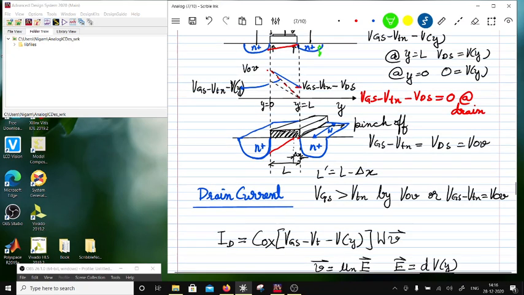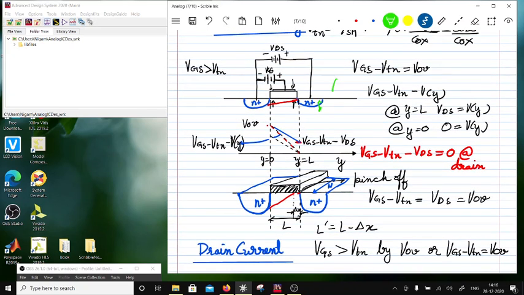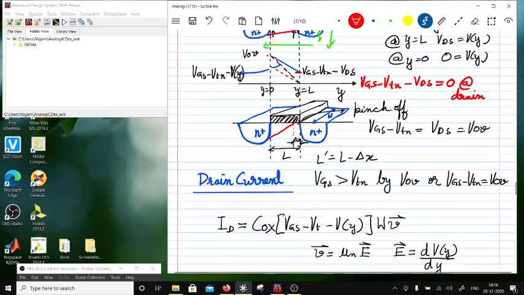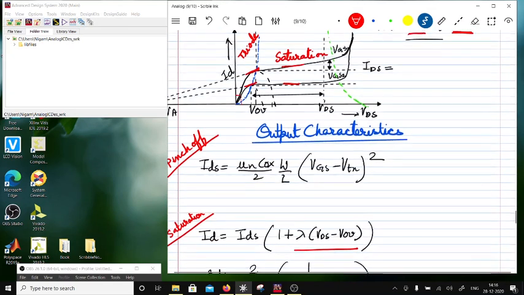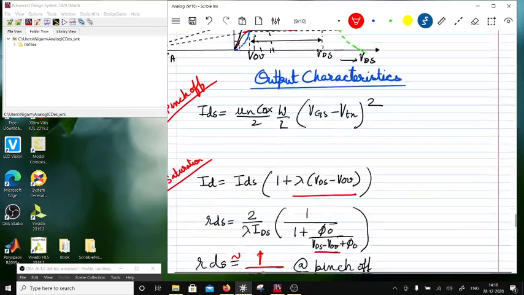When this breaks down, all the current basically leaks to the substrate rather than going this way. Okay, so this is the major cause of the breakdown. That's why you are going to have an LDMOS, right? LDMOS would reduce this leakage current. Okay, so this region is basically the drain to bulk breakdown region. Okay, so this is the output characteristics.